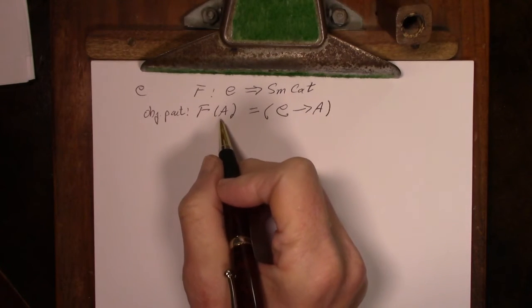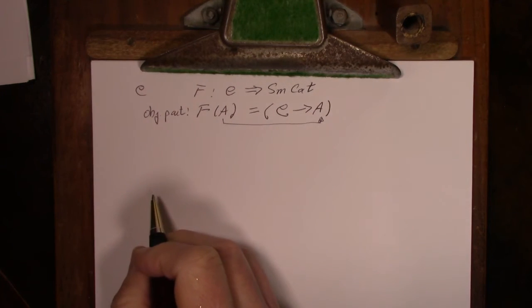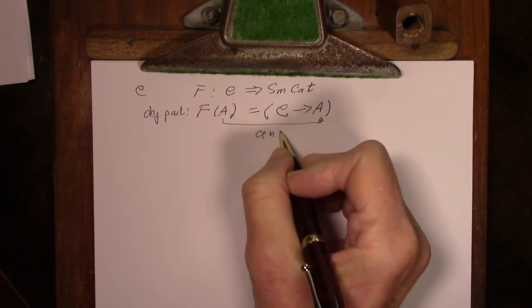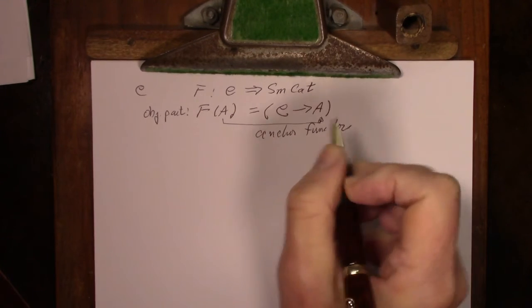It's sending an object A to the anchor object of a comma category, so we could maybe call it the anchor functor, just between you and me.